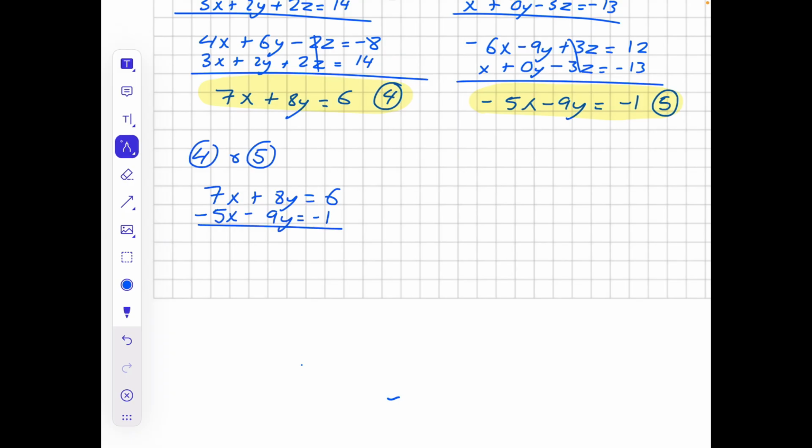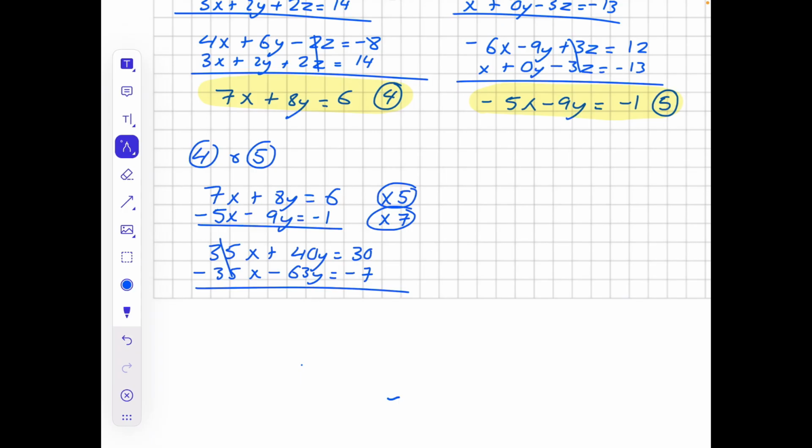I can make those both 35. So if I multiply the top line by 5 and the bottom line just by 7, because the signs are already different. Top line by 5 gives me 35x plus 40y is equal to 30. And the bottom line by 7 will be minus 35x minus 63y is equal to minus 7.